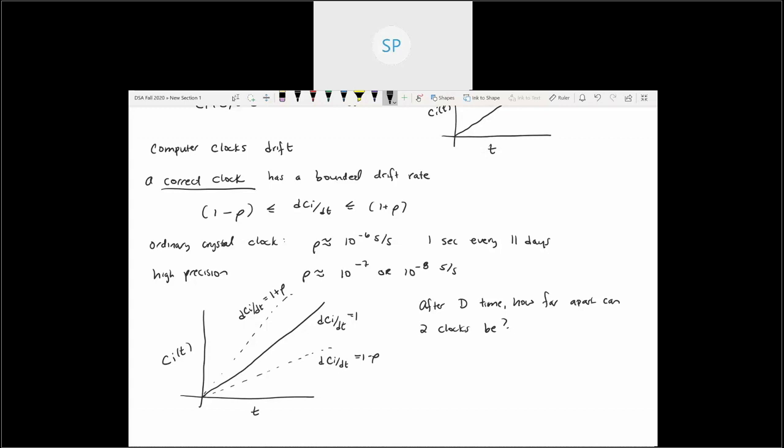Anybody? I see 2 rho, I'm guessing that's what the P is, yeah. I see 2 rho D.